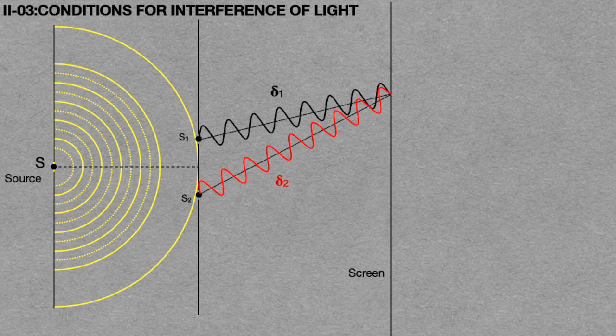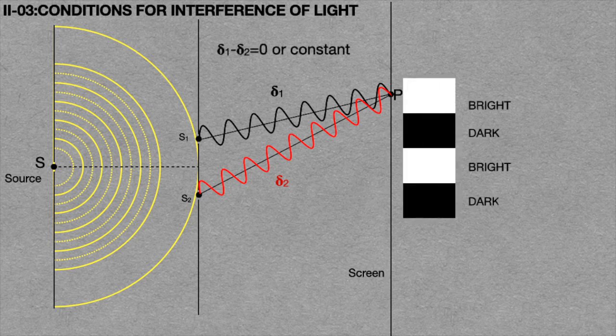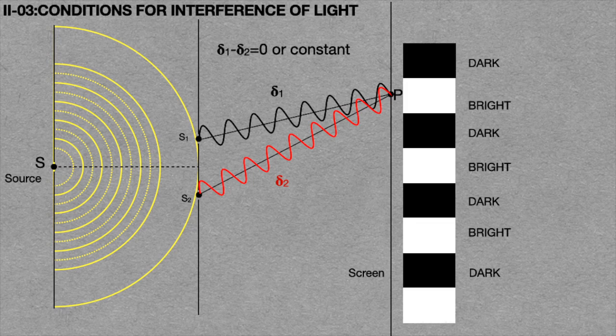If these two waves are superposed and form an interference pattern at P on the screen, then it must satisfy the condition delta 1 minus delta 2 is equal to 0, or the phase difference should be constant. That means the light waves have a constant phase difference between them, or 0 phase difference. Then only a stable interference pattern is formed.